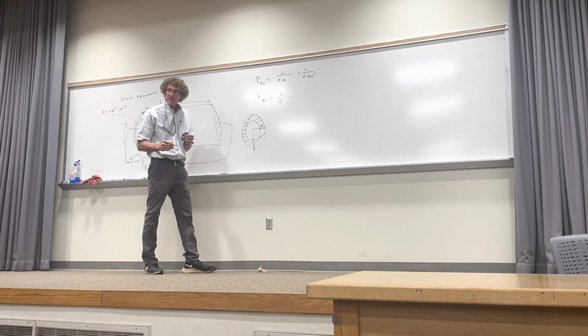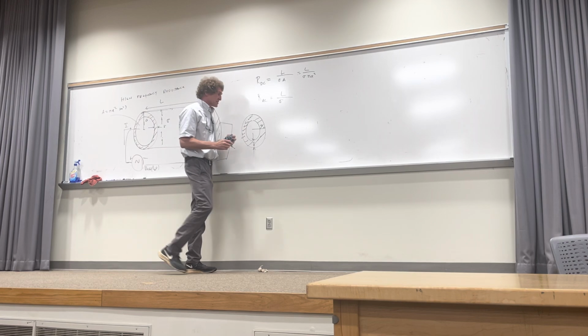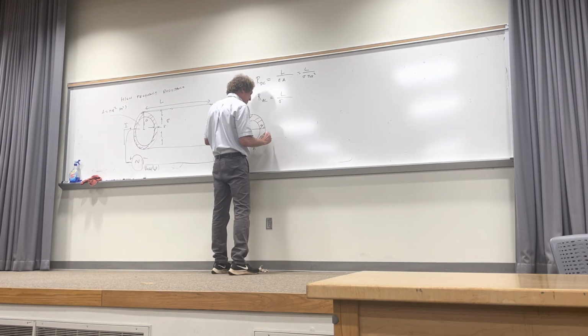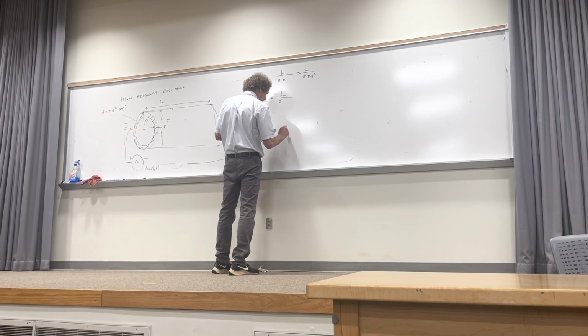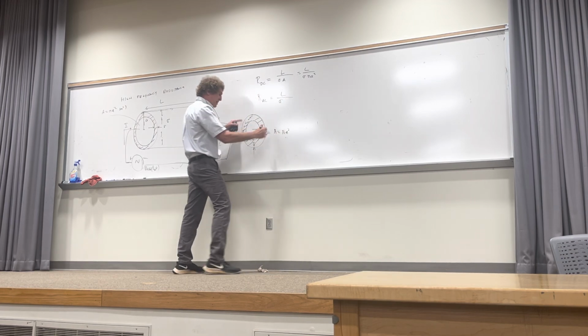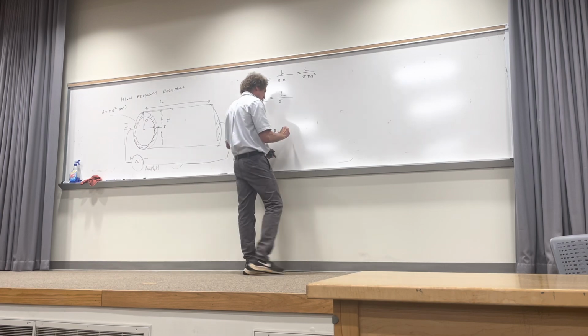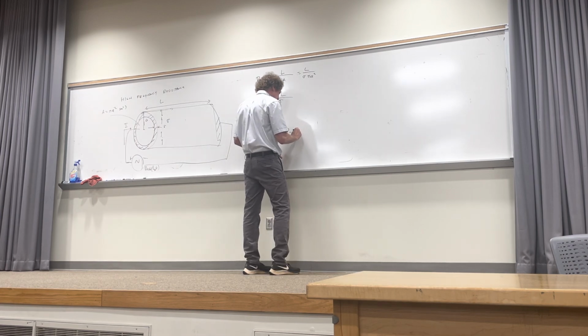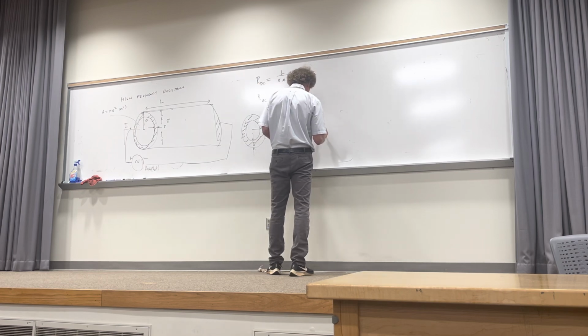Y'all follow me? Same value of sigma. Can you all see this, class? Now all the current is going to hug the surface of the wire. So what is this area? Well, the AC area here would be equal to pi A squared, right? That's the whole area, but then I'd have to subtract out the inner area. So it's minus pi times A minus the skin depth squared. So that's going to be pi, right?